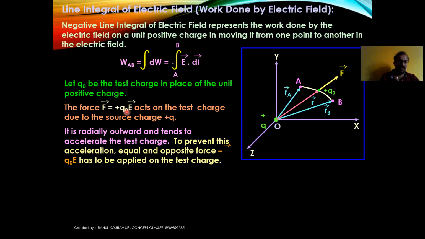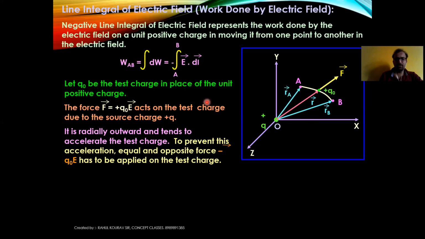Let q naught be the test charge. In place of unit positive charge, the force F equals plus q naught E. We already know that the electrostatic force is the product of charge and electric field, so here the electrostatic force is the product of test charge and electric field.